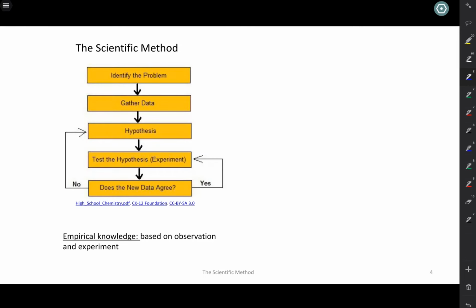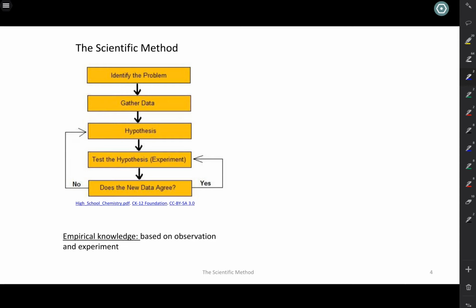The scientific method is traditionally presented in the first chapter of science textbooks looking something like this figure here, where it's a simple recipe where we say we identify a problem or ask a question, then we gather data and make observations. From those observations, we generally form a hypothesis, and then that hypothesis gets tested using empirical data.